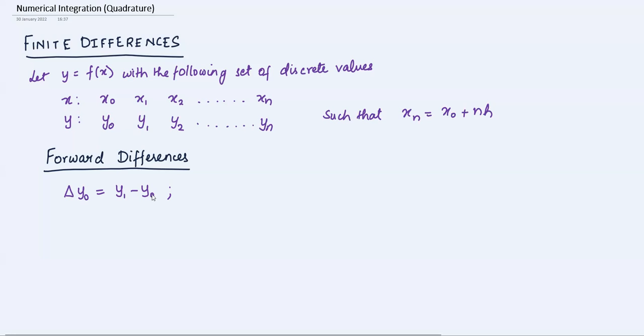We take the next point in the sequence and take the difference; that is the forward difference. Similarly, delta y1 will be y2 minus y1, and so on. Delta yn is yn plus 1 minus yn.